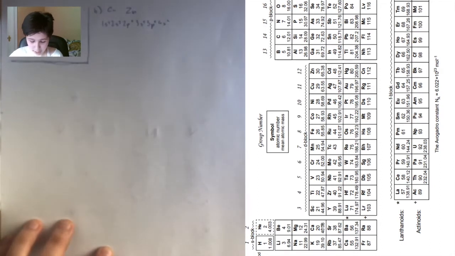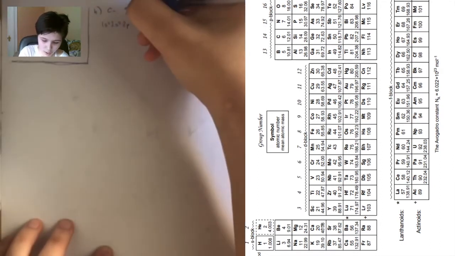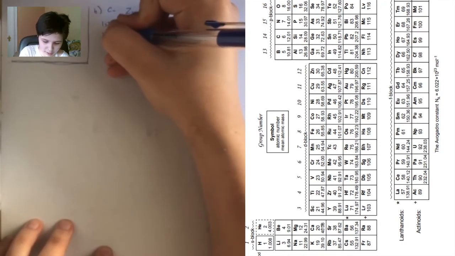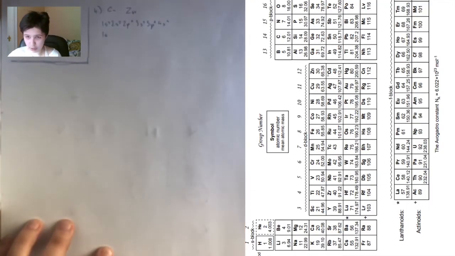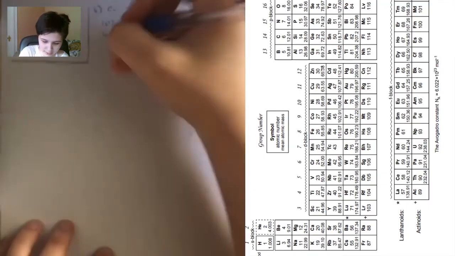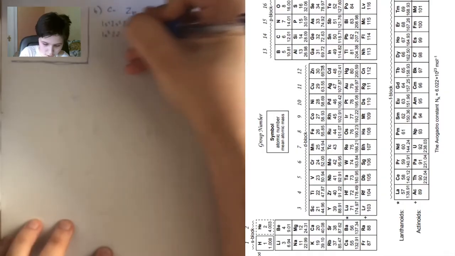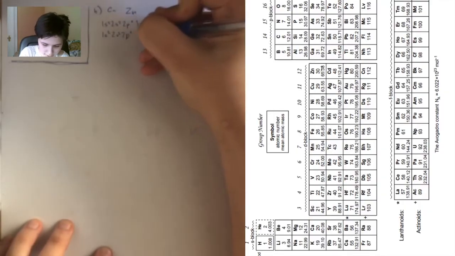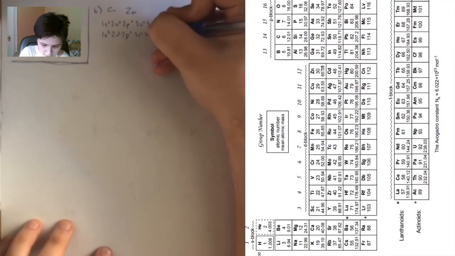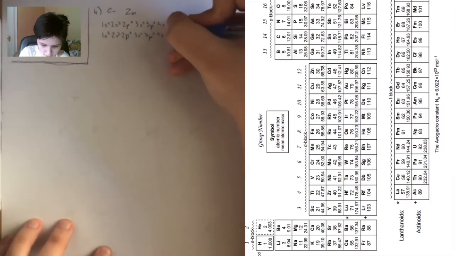Then for zinc, it's going to be the same, except it's also going to add a 3d10. So 1s2, 2s2, 2p6, 3s2, 3p6, 4s2, 3d10.